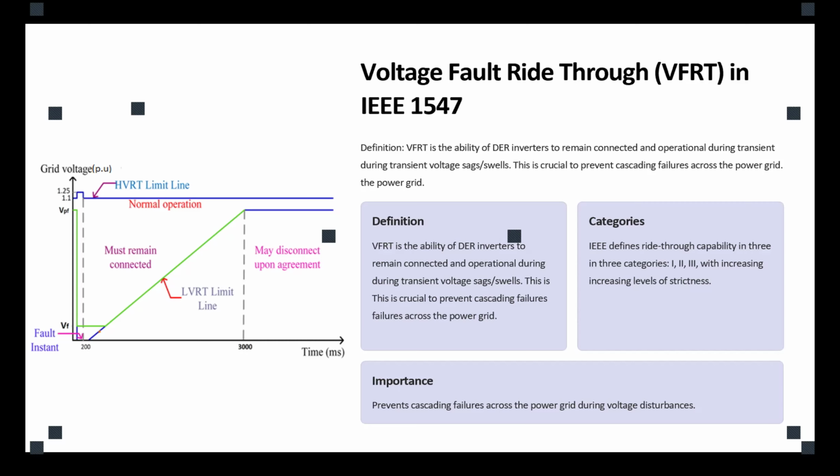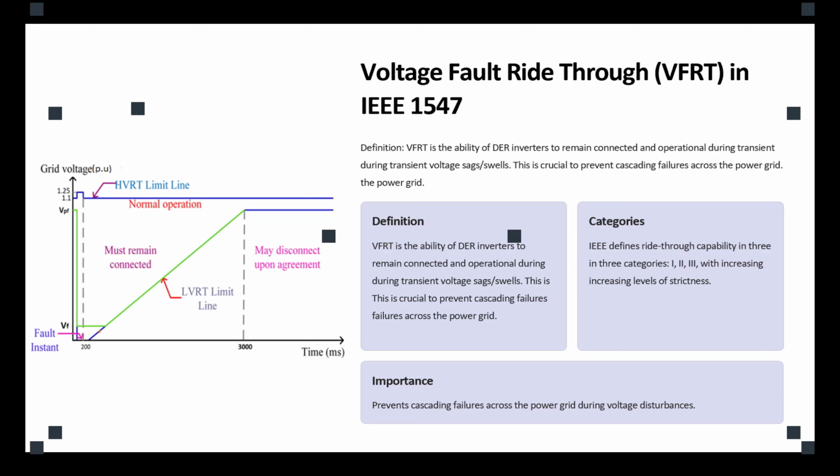If it's longer than that, you can disconnect from the grid and protect yourself. But before that, you need to maintain your connection and contribute to overcoming the fault. Okay?